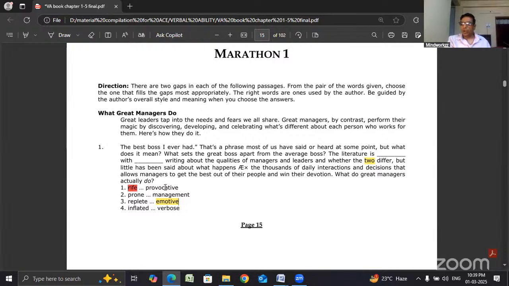So here the option is one, not emotive writing. Not emotive writing. Okay? Emotive writing has a different sense.